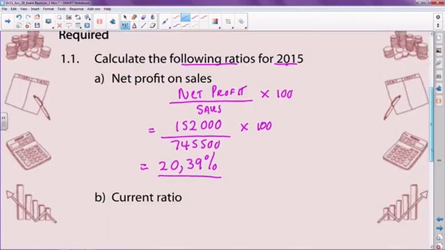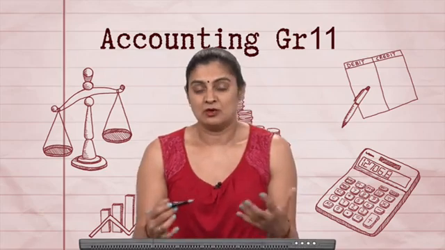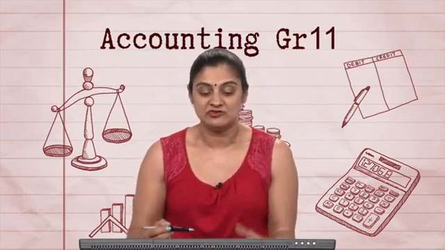Let's move on to the next calculation. The next calculation wants me to work out the current ratio. Immediately, for the current ratio, I'm comparing current assets to my current liabilities. The question is not asking me to comment, guys. All the question is asking me to do is calculate. We often find in the exams, or when we're marking exams as teachers, that students never read the instructions.